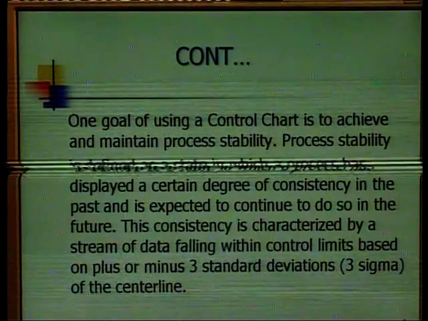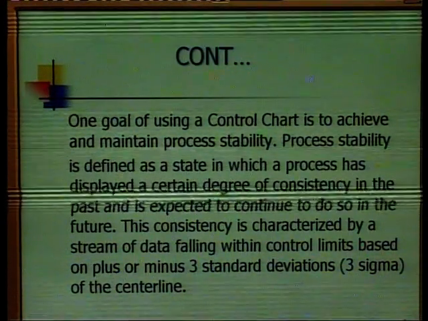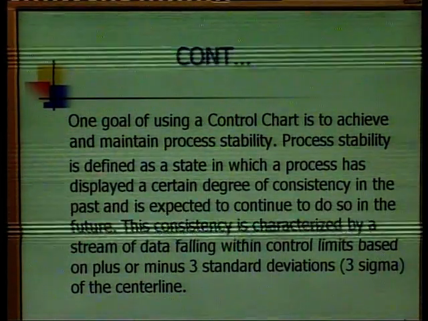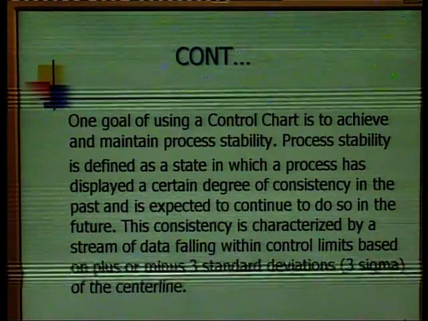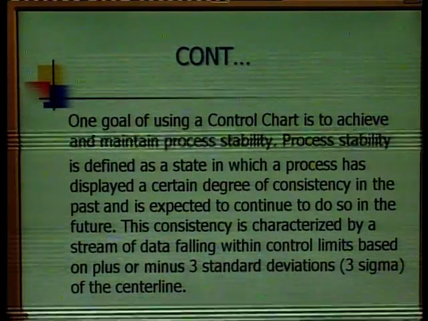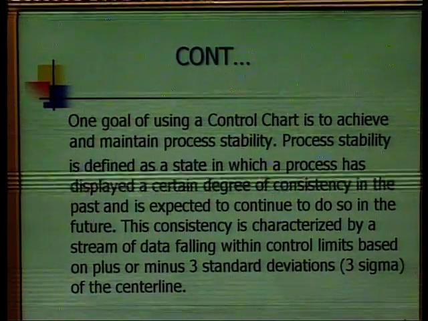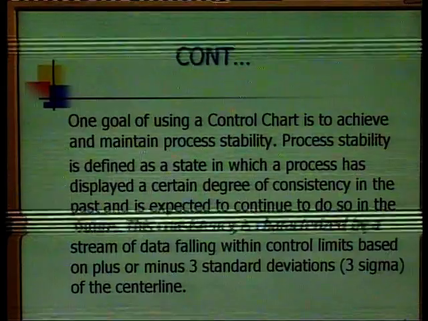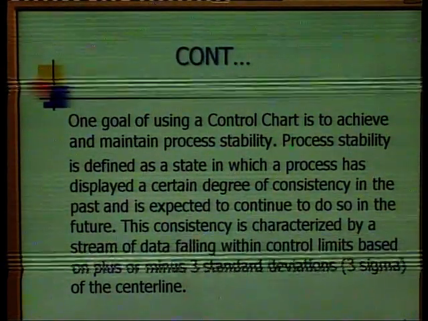Now, one goal of using a control chart is to achieve and maintain process stability. Process stability is defined as a state in which a process has displayed a certain degree of consistency in the past and is expected to continue to do so in the future. A process is stable if all the points, all the data in the process, are within the control limits, that is, within the upper control limit and the lower control limit.